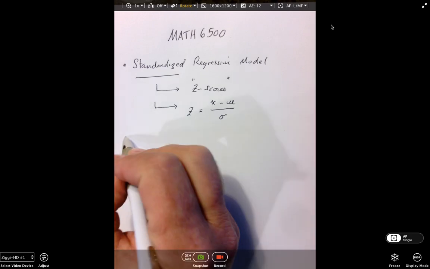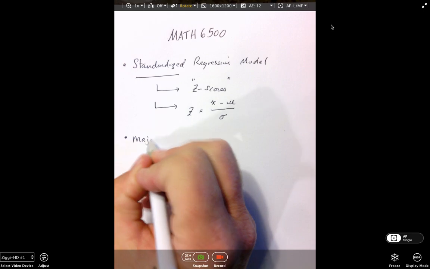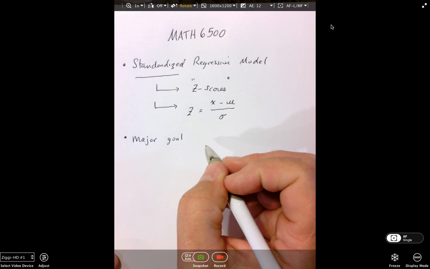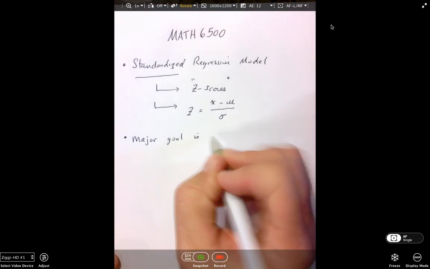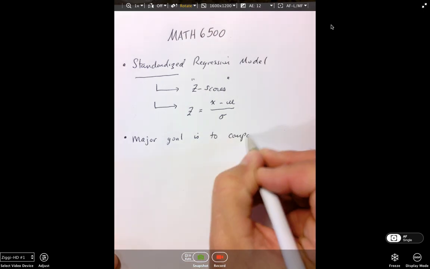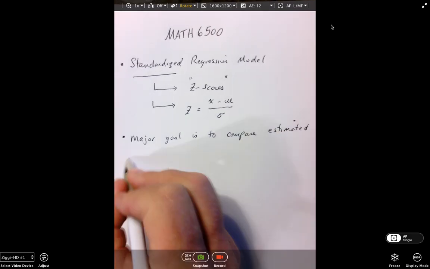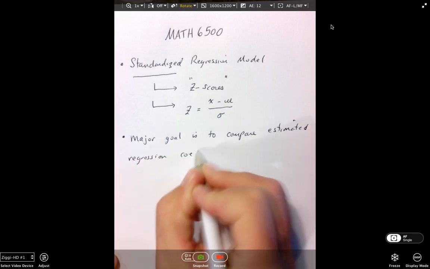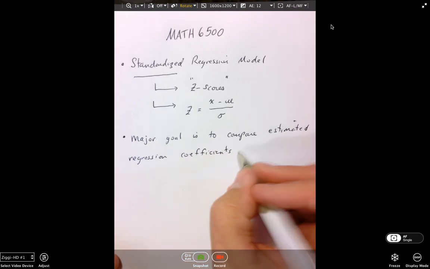Now, more importantly, why? It turns out that at least one of the major goals in taking a look at the standardized regression model is to compare estimated regression coefficients in common units.